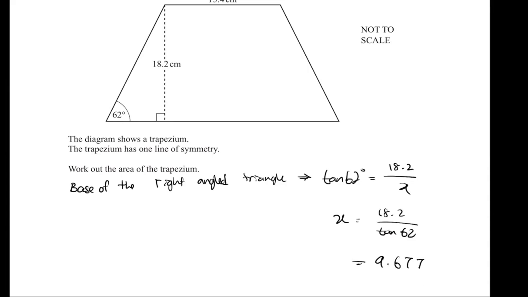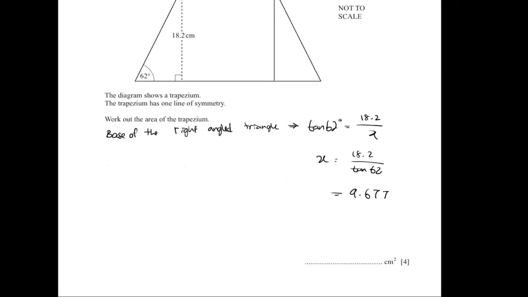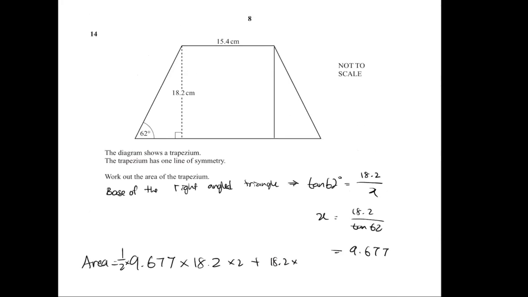So I have two triangles here, as you can see. In order to calculate the area, it's equal to 9.677 multiplied by 18.2. I don't need to multiply by half because there are two triangles. Half times 2 is equal to 1. So I don't need to write the half. If you want to, I'll write it for you to see, times 2 because I have two triangles. Then plus 18.2 multiplied by 15.4.